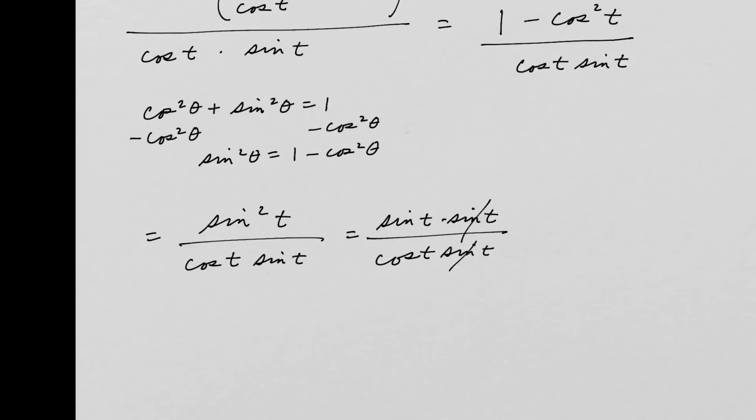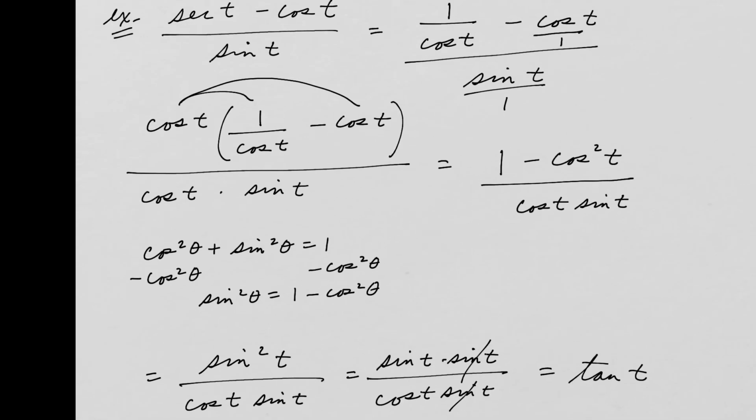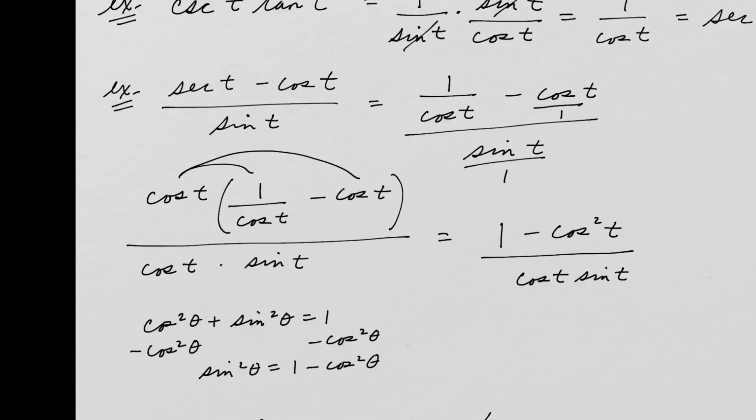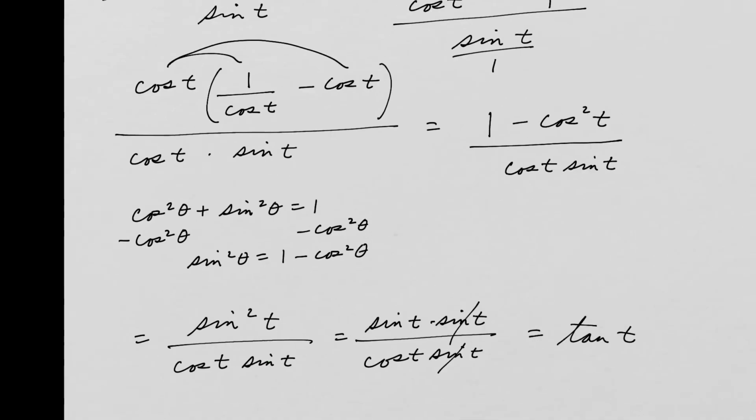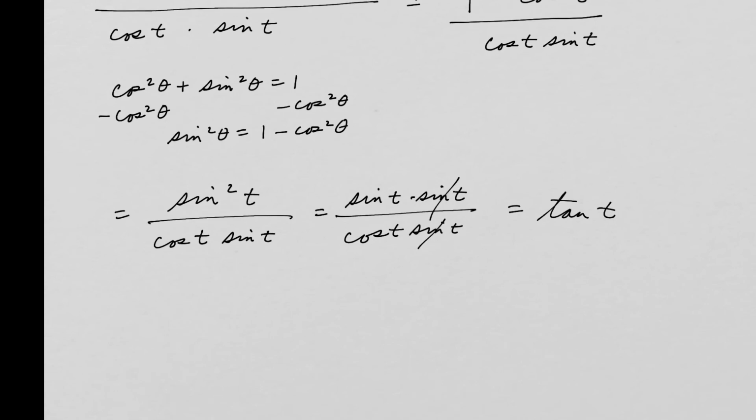Sometimes people just cancel the exponent on top. And then what's sine divided by cosine? That's tangent. So this is equal to tan of t. So the original expression, secant of t minus cosine of t divided by sine of t, ultimately is just the tangent of t.